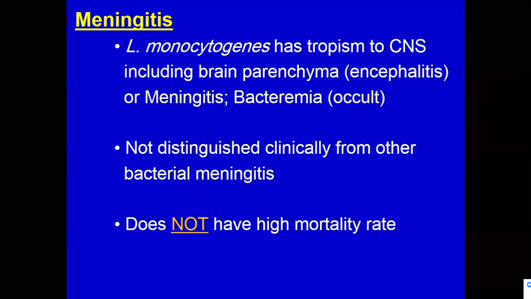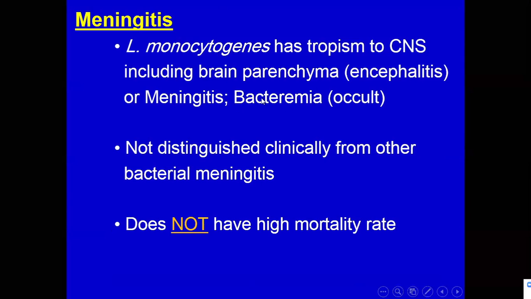The meningitis of Listeria monocytogenes: this microorganism has a tropism to the CNS, like to go to the CNS tissue, including the brain parenchyma, and also cause encephalitis. So this microorganism can cause meningitis and can cause encephalitis.